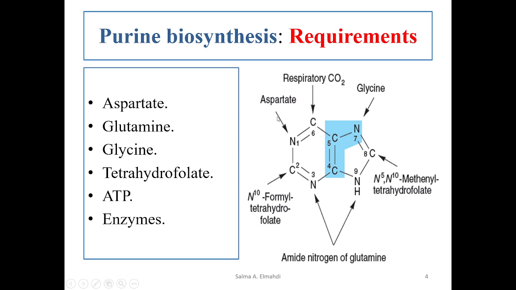N1 comes from aspartate, N3 and N9, both of them come from the amide nitrogen of glutamine. Tetrahydrofolate provides carbon atom number 2 from N10 formyl tetrahydrofolate and carbon atom number 8 from N5, N10 methenyl tetrahydrofolate.